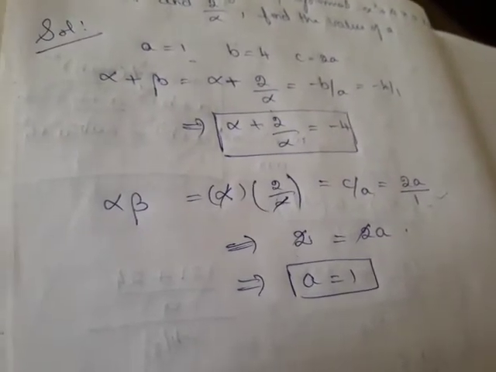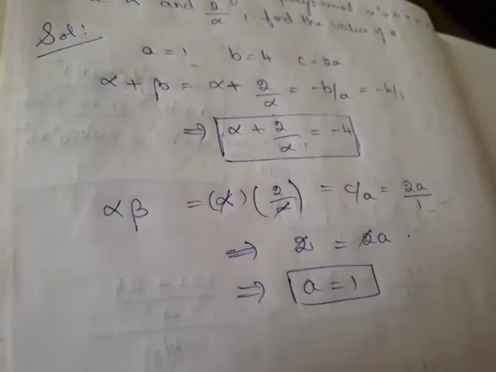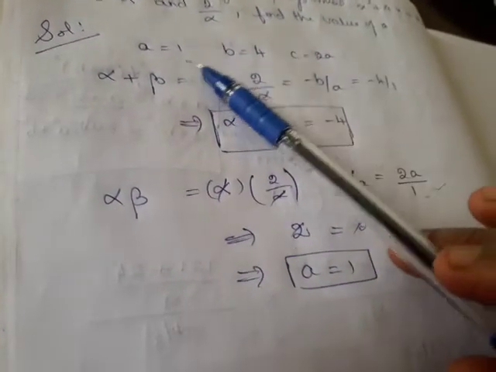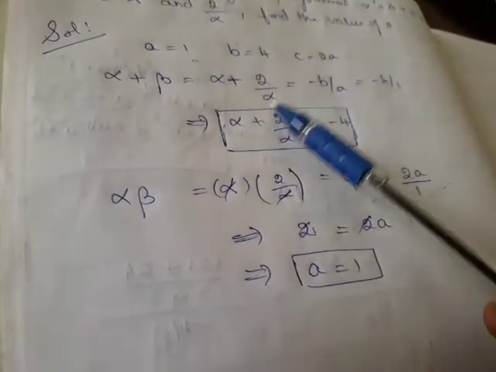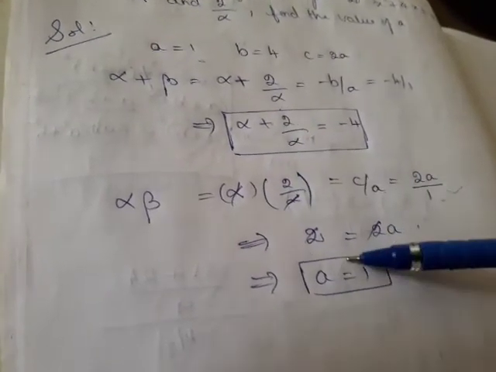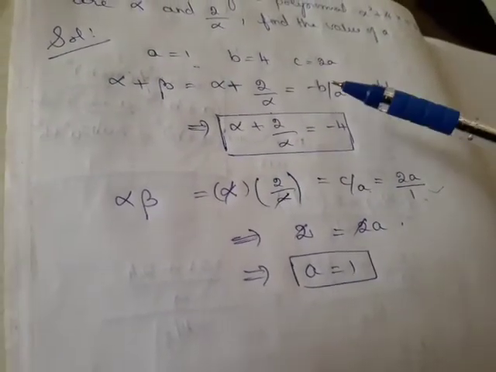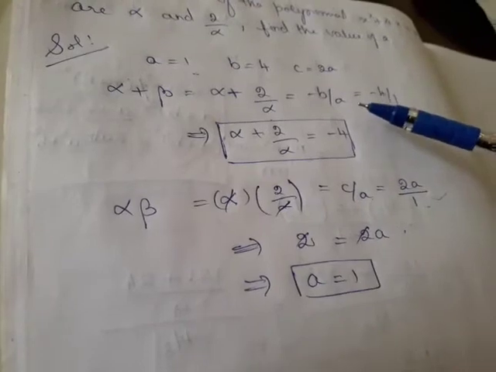But always maintain the procedure, or else you will get confused and you won't know for which problem we should start with the product of the roots, and for which problem we should start with the sum of the roots. Likewise, you will get many questions. So don't confuse yourself. The procedure is the same. Whenever you get a question of this kind, first list out the values of a, b, c, start with the sum of the roots, then find the product of the roots, then go ahead with the clues which are given in the question.